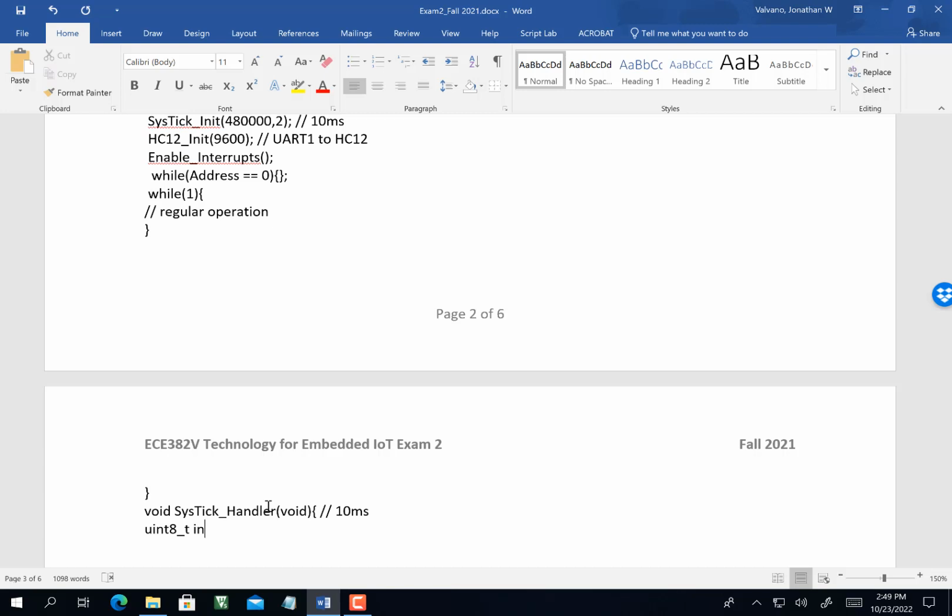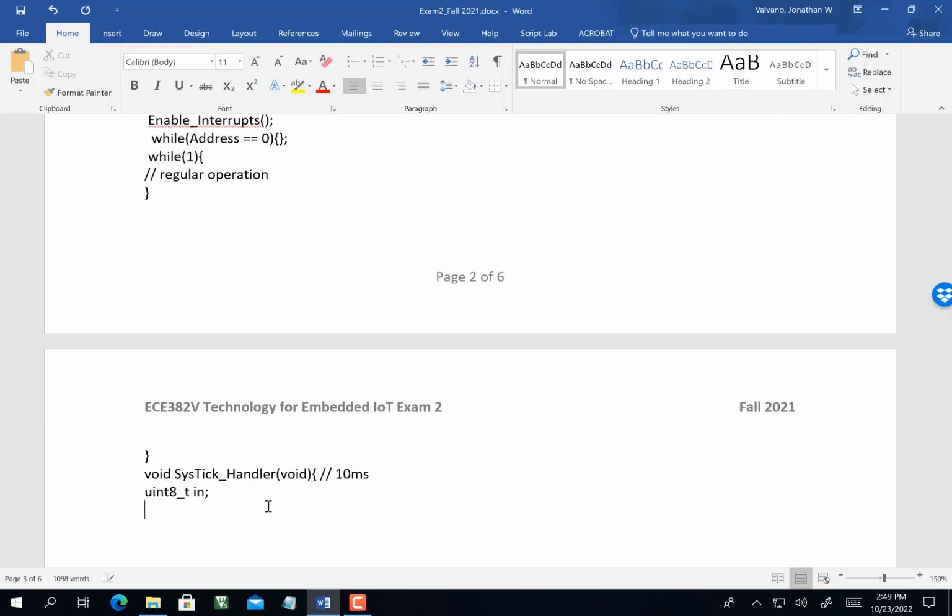So we're going to see if we have any input from the HC12. This will be a basic time, and then we're going to use the non-block conversion.